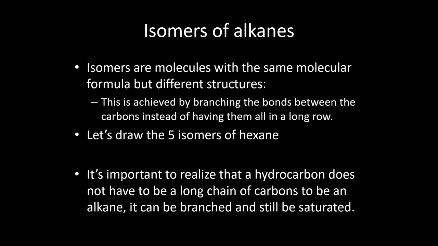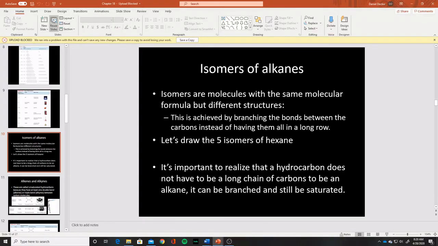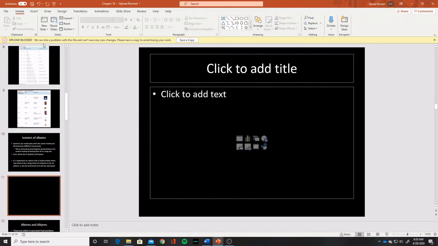So here it says let's draw 5 isomers of hexane. And actually I'm going to need to add in a slide there to do that. So one isomer of hexane would look like this. This is what we would call N-hexane, so the letter N, hexane.